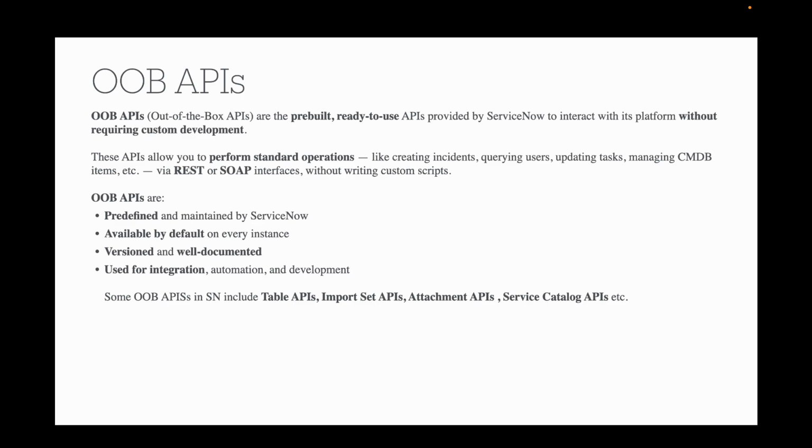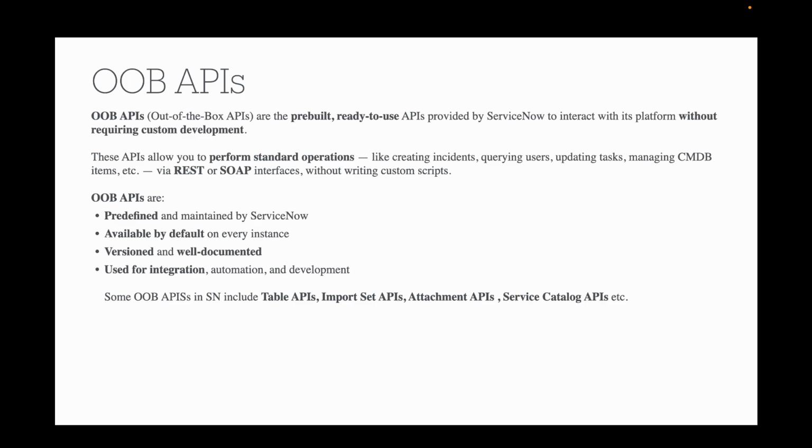You don't need to do any scripting to use these out of the box APIs. These APIs allow you to perform standard operations like creating incidents, querying users, updating tasks, managing CMDB items, etc. via REST or SOAP interfaces without writing custom scripts.